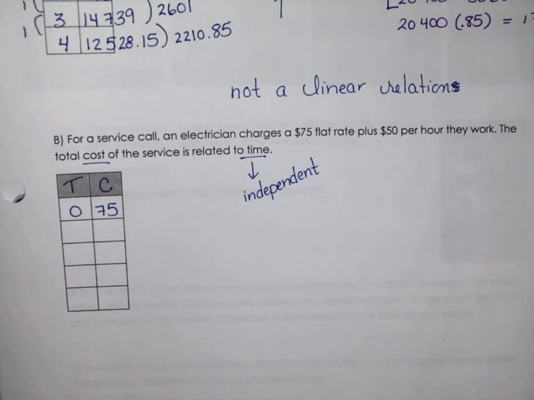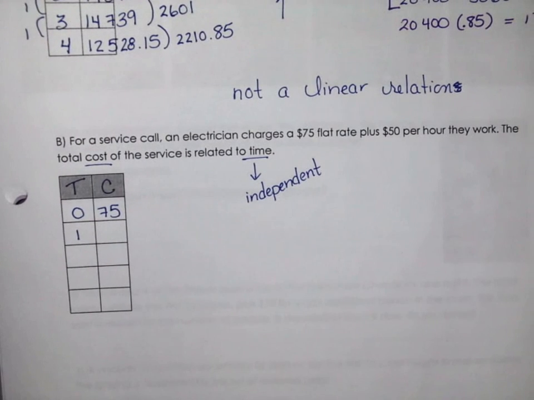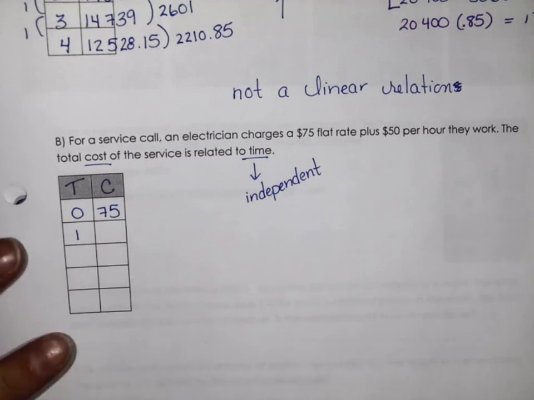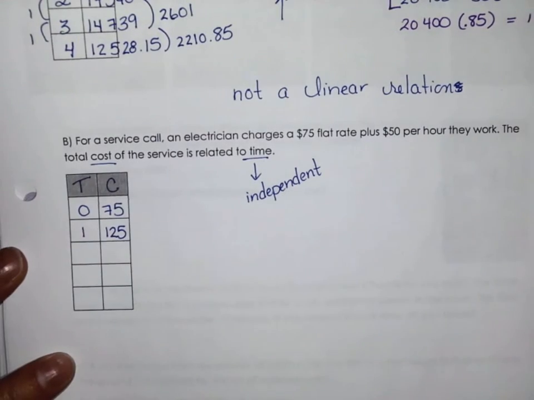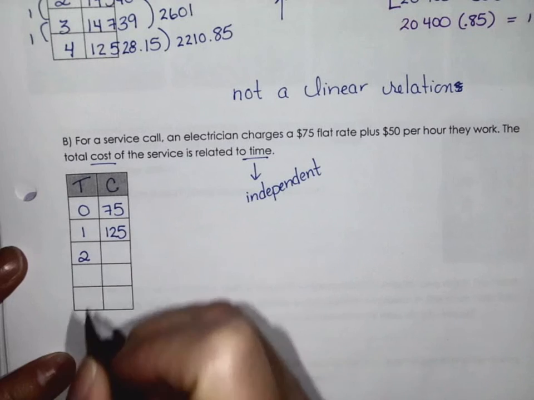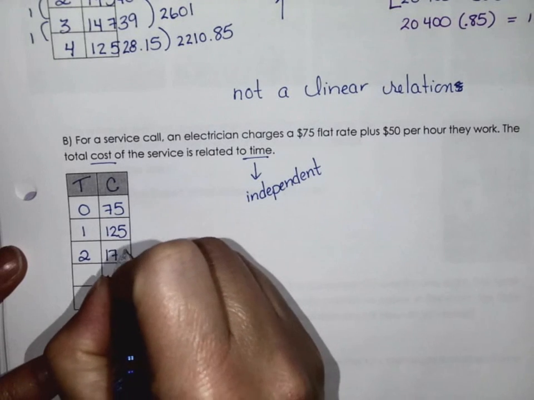Okay, let's say it's not a silly problem like I had. It was a real problem, and they worked 1 hour. How much are they going to charge me? 125. And if they worked 2 hours, $175.